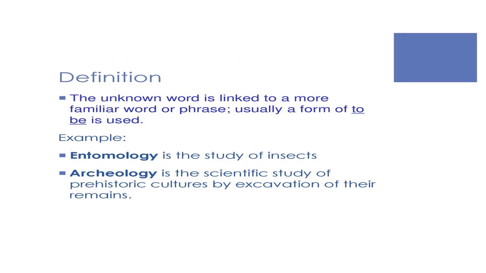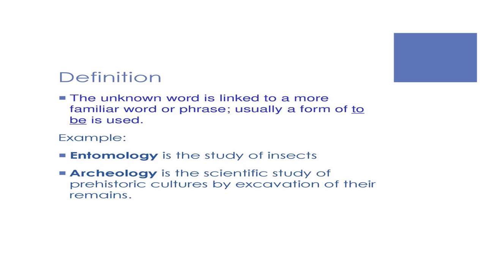The first type of context clues, which is also the easiest way, is the definitions, which is a phrase or a word linked to the unfamiliar or unknown word. We have two examples here. Entomology, which is the study of insects. You cannot know what entomology is unless you read the definition of it.